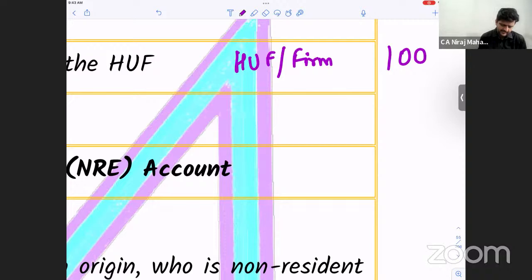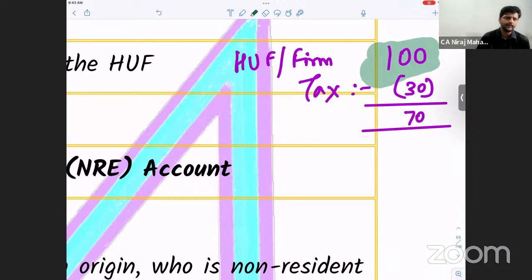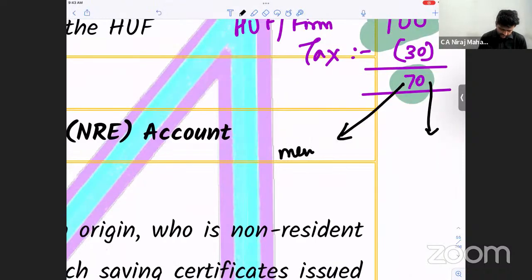And let us say the tax amount comes to 30 rupees. I then share the remaining 70 rupees with the member or partner. Obviously some part of this 70 is going to the member of HUF or the partner.